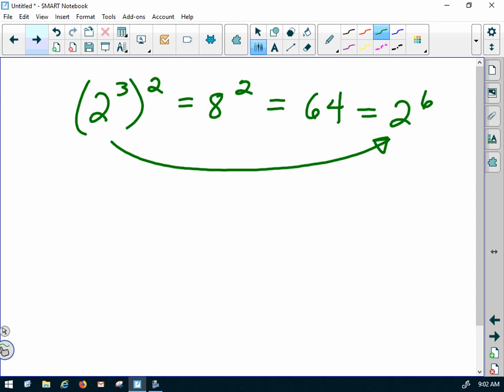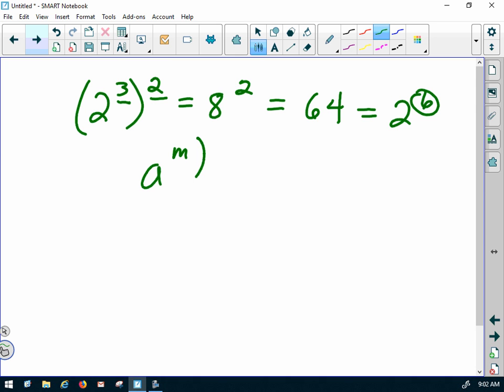Right. Now listen. When you raise a power to another power, what do you do? You multiply those powers. So a to the m power raised to the n power is a to the m times n.